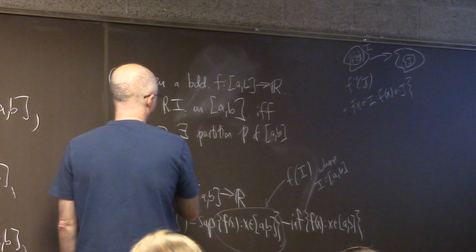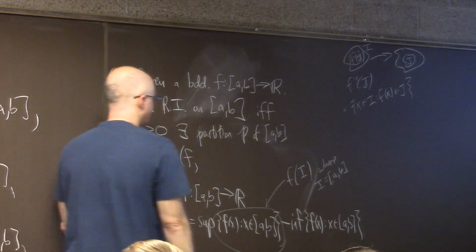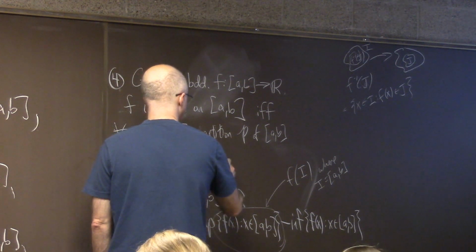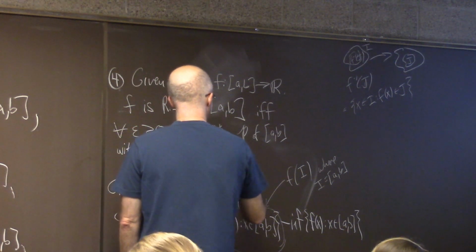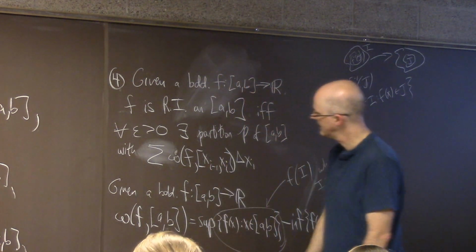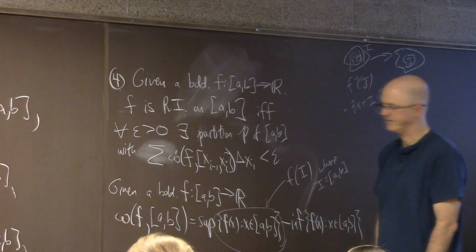Add up the oscillation of f over each subinterval in the partition times the corresponding length of that subinterval, if that's less than epsilon.